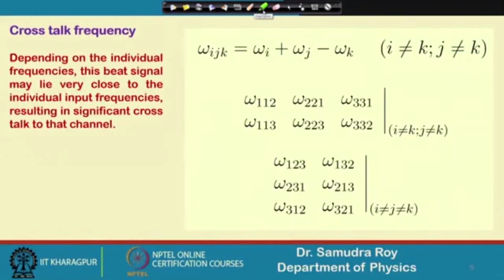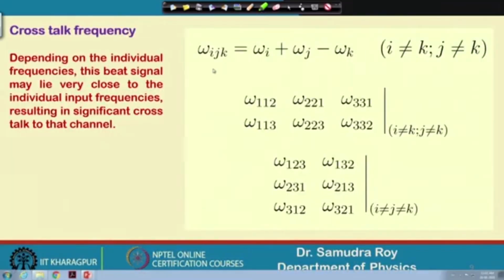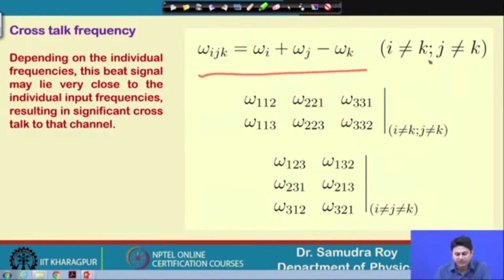So, let us try to understand. We term omega ijk equal to omega i plus omega j minus omega k, with i not equal to k, j not equal to k. With this condition, we write the specific frequencies. Now, how many frequencies are possible if i, j, k are 1, 2, 3? There should be 12 different frequencies.